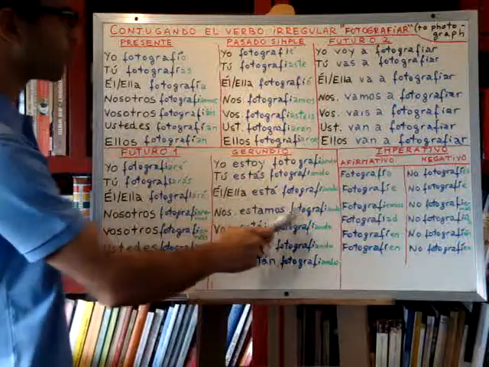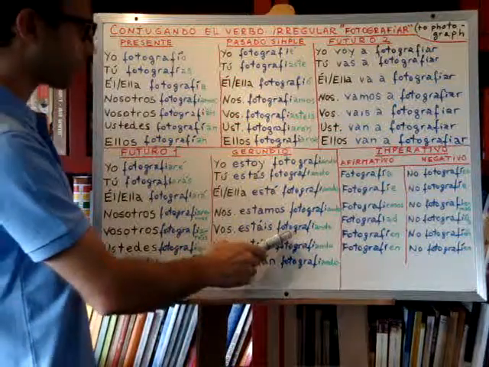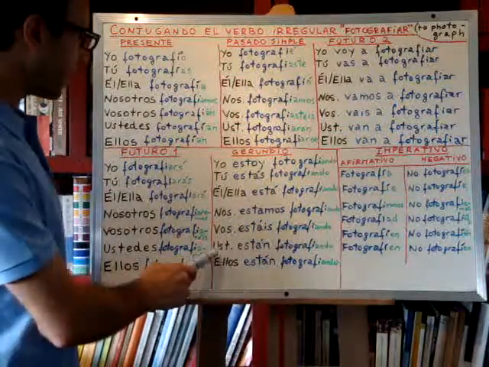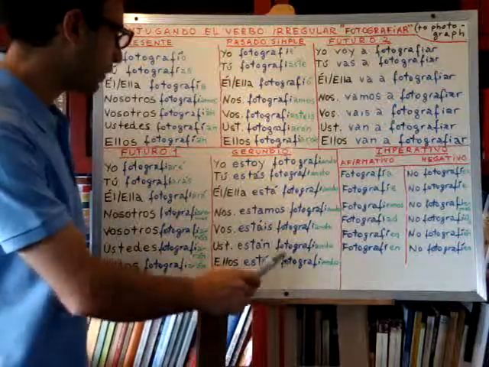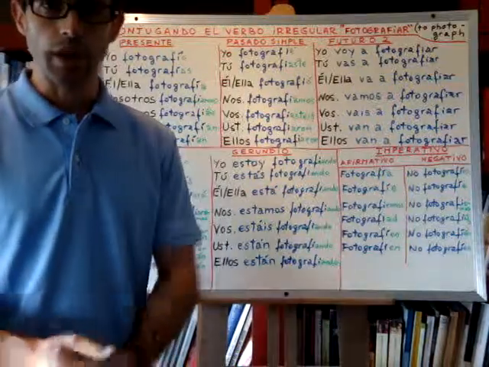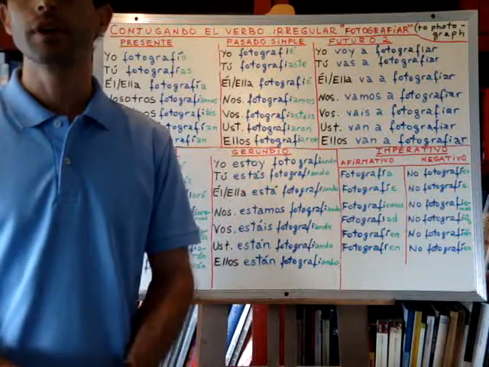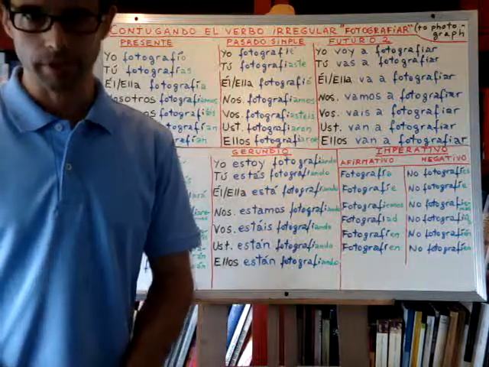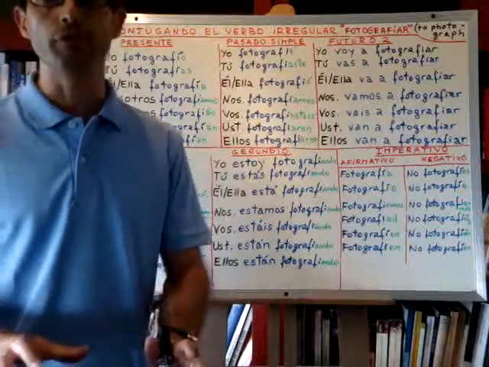Nosotros estamos fotografiando. Vosotros estáis fotografiando. Ustedes están fotografiando and ellos están fotografiando. Example, I can say, right now I'm taking a picture of the landscape, right? Right now I'm taking a picture or I'm photographing.